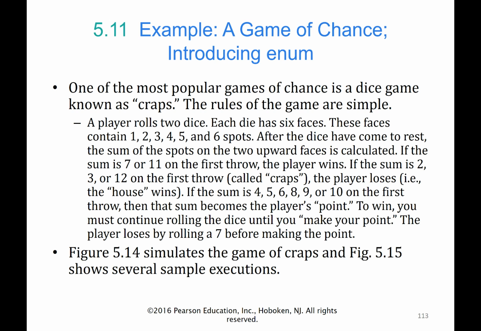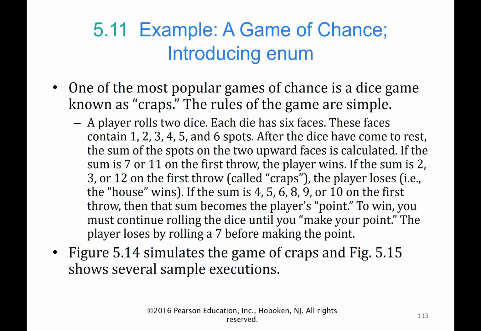All right, the way this works is we throw 2 dice, and you're going to get a value between 2 and 12. If you get a 7 or 11 on the first throw, you win the game. If you get a 2, 3, or 12, you lose the game.